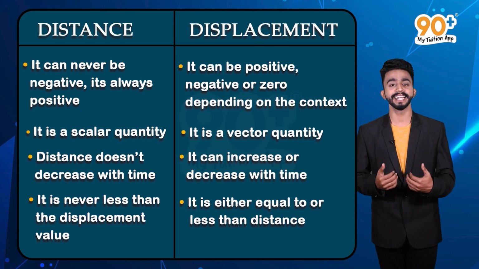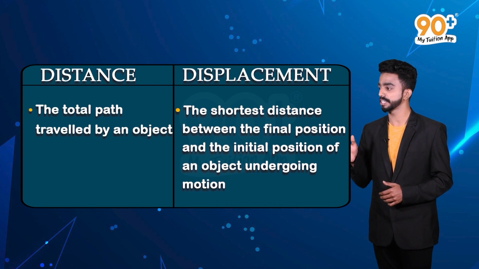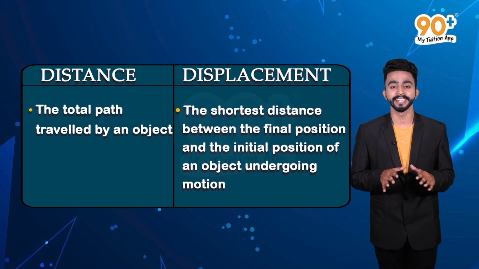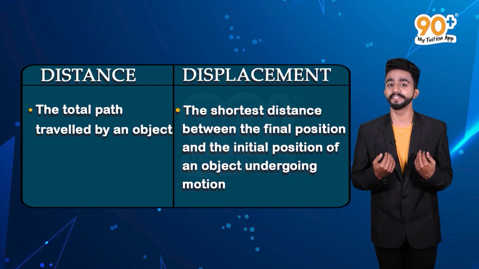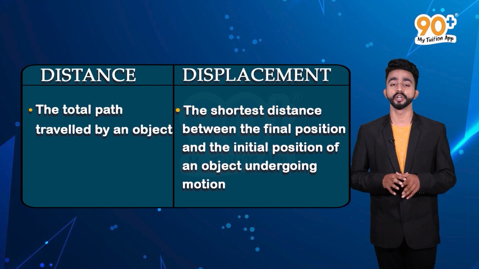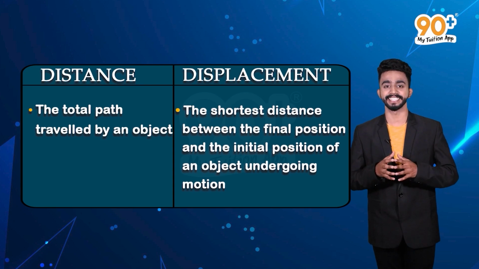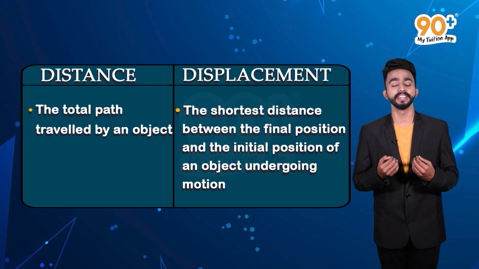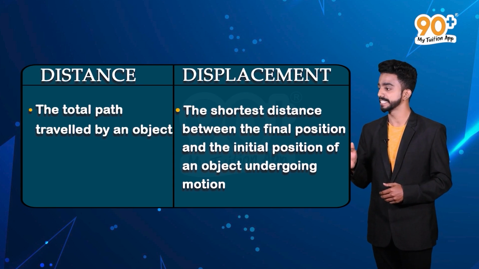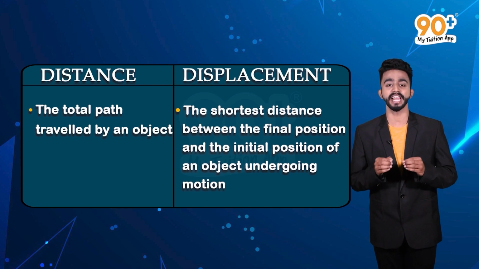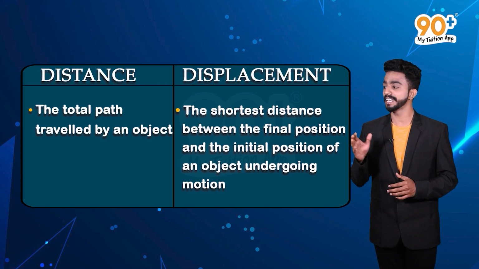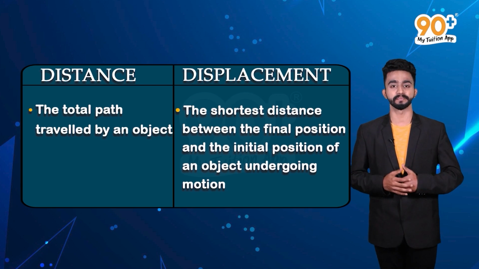From the table, let's discuss the first point, that is, distance is the total path or the complete path traveled by an object. As we have seen in the case of Raju, the total path length covered by Raju is considered as the distance. Similarly, we consider the shortest distance between the initial and the final position of an object undergoing motion as displacement.